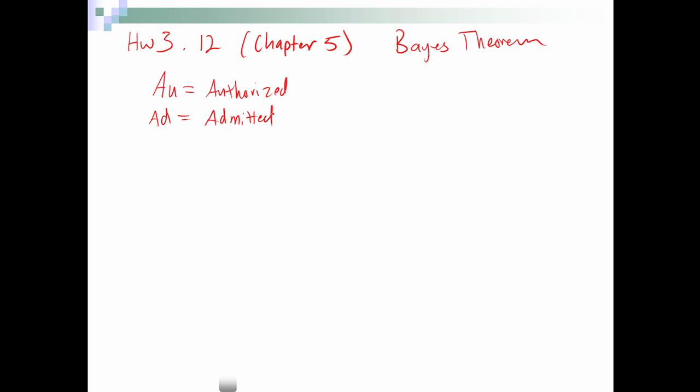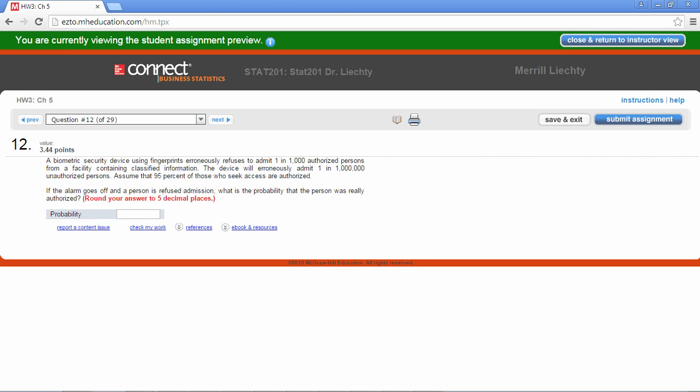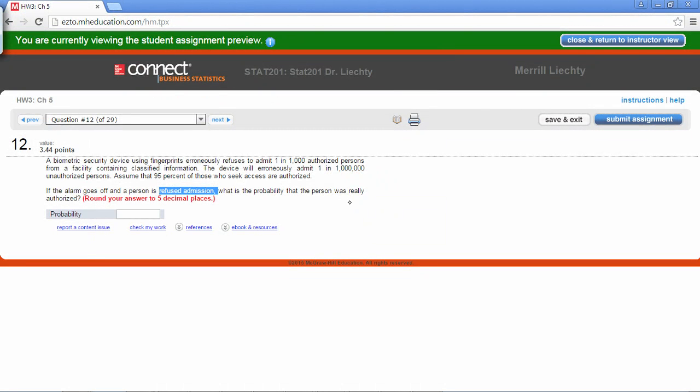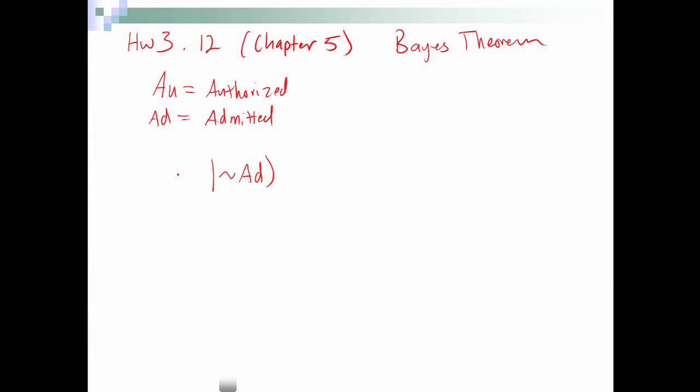So the question we're being asked here is, if the alarm goes off and a person is refused admission, so given that that has happened, we're going to write that as not admitted. That's what we're conditioning on. What is the probability the person was really authorized? So we want the probability that they're authorized given that they were not admitted.